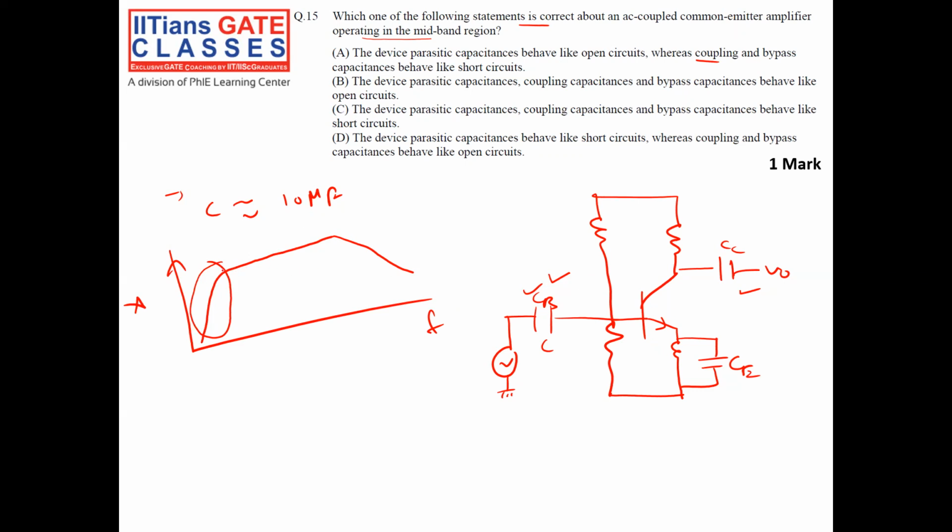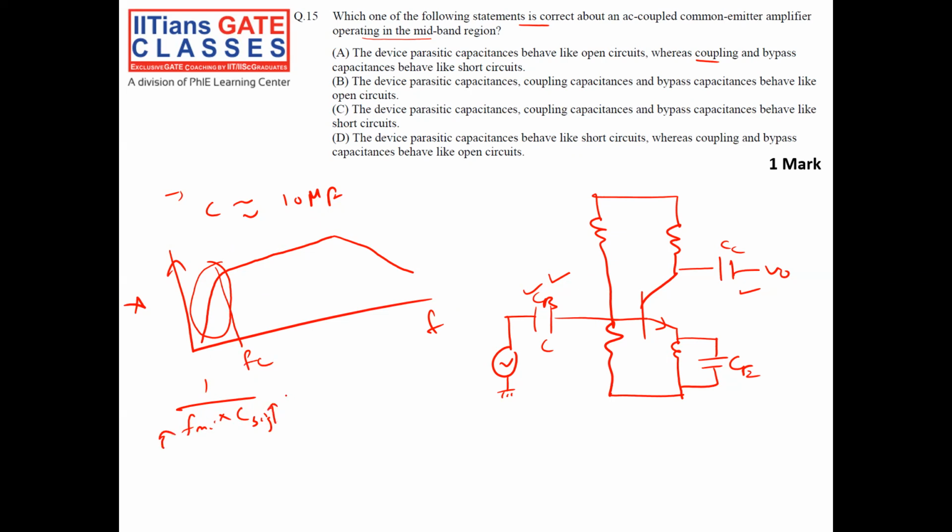Okay. In midband gain, what happens? In the midband, what happens? 1 by 2 pi frequency into capacitance is small, right? Frequency is f mid into big capacitor, right? So in this midband range, just after the cutoff frequency FC, the frequency is high and C is also high.